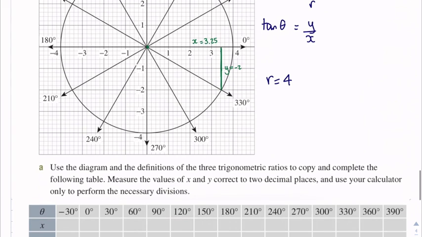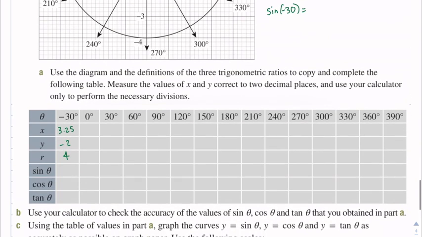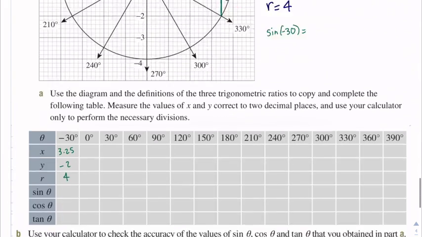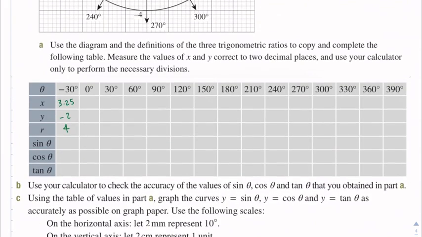So for this one, sine of negative 30 equals, here x was 3.25, y was negative 2, r is still 4, so sine is y over r. Did I write that correctly? Yeah, y over r. So we've got negative 2 divided by 4, so negative 1/2.